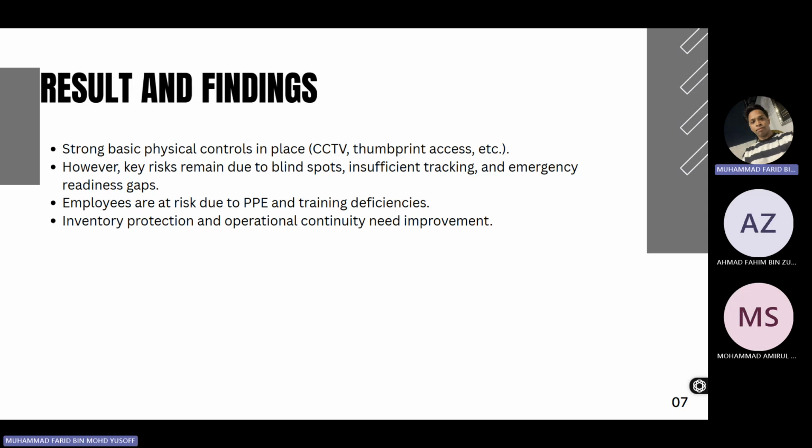However, there are weaknesses like surveillance in some zones, a weak tracking system, and emergency preparedness issues. The key risk is employees at risk due to PPE and training deficiency. Inventory protection and operational continuity need improvement.